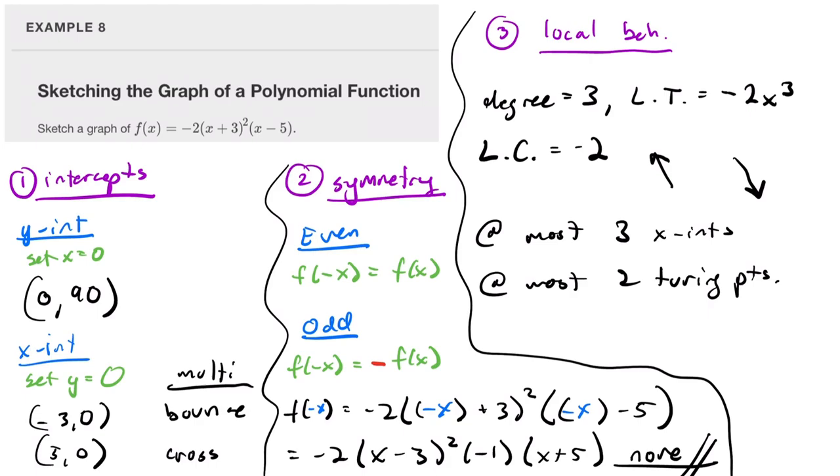Let's go here. Number 4. I'm just going to say a few additional points. Usually I do my few additional points between and beyond my x-intercepts and vertical asymptotes. We're not doing vertical asymptotes here just yet. So a few points between and beyond your x-intercepts, so we have when x is -3 and 5.